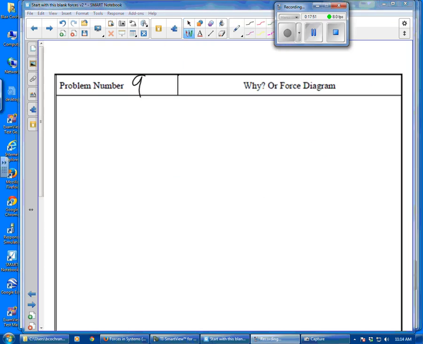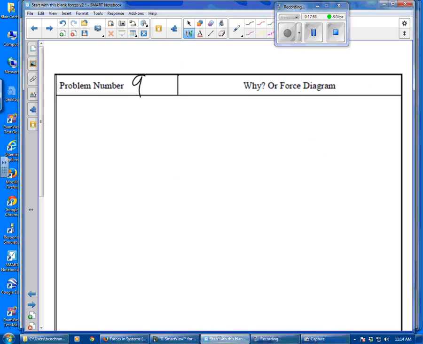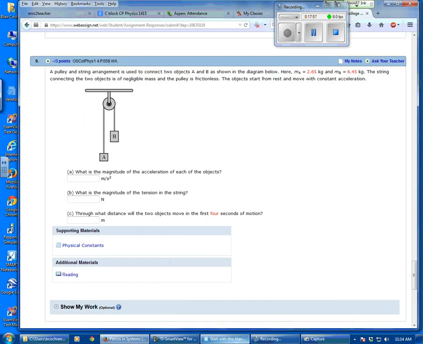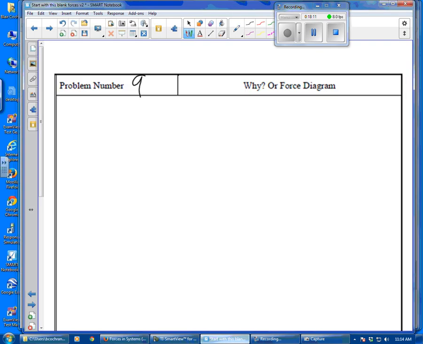All right, so we're going to start in on number 9 here. In number 9, we have an Atwood machine. And so we have the system, and then we have the two bodies in the system. And this is one we did the other day.